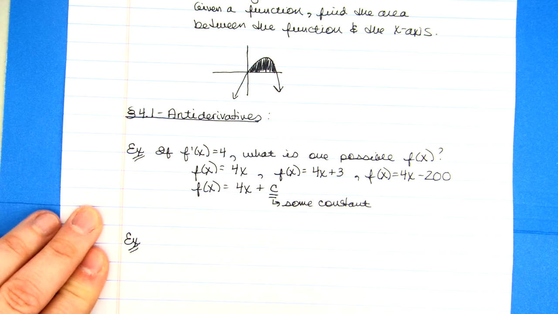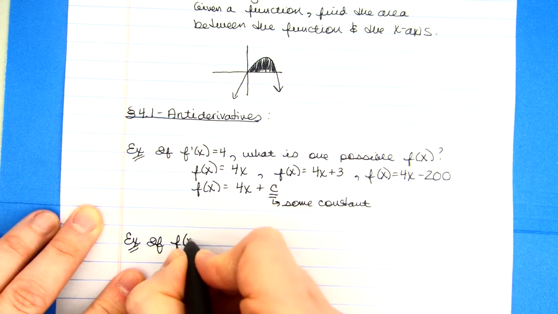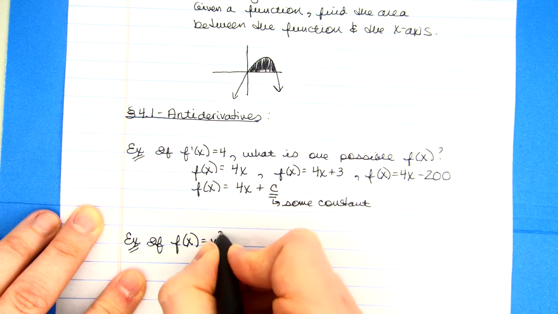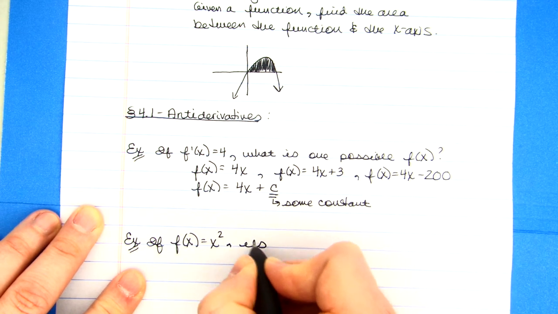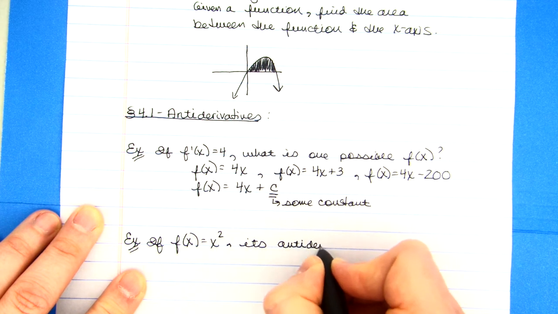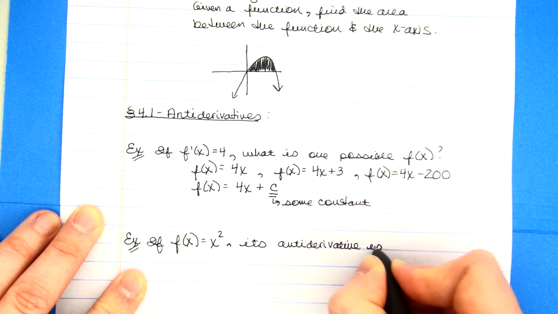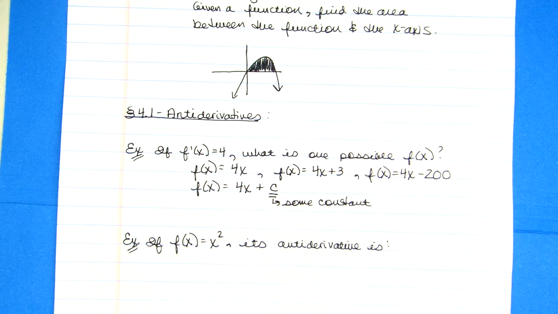Next, if f of x equals x squared, its antiderivative is, before we actually solve the problem, there's a little bit of notation that I need to go through with you.